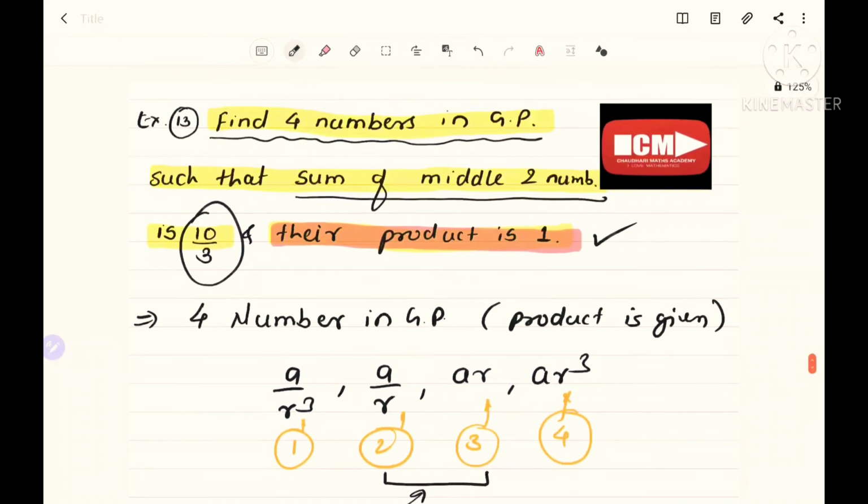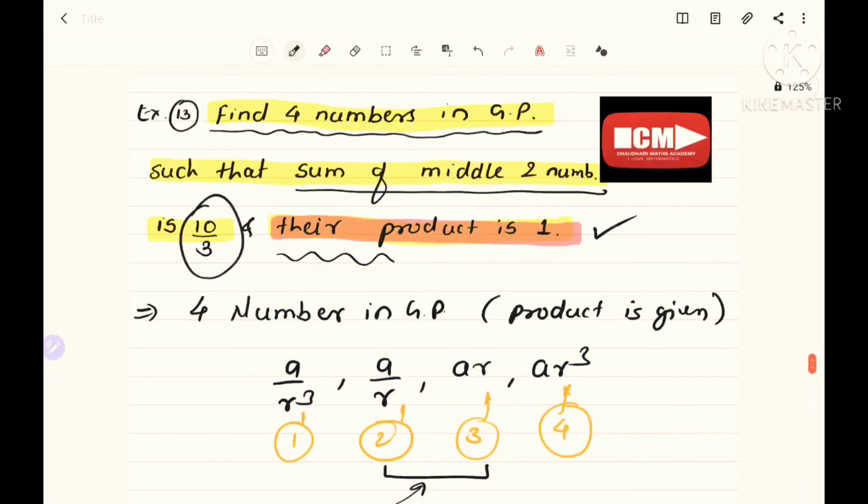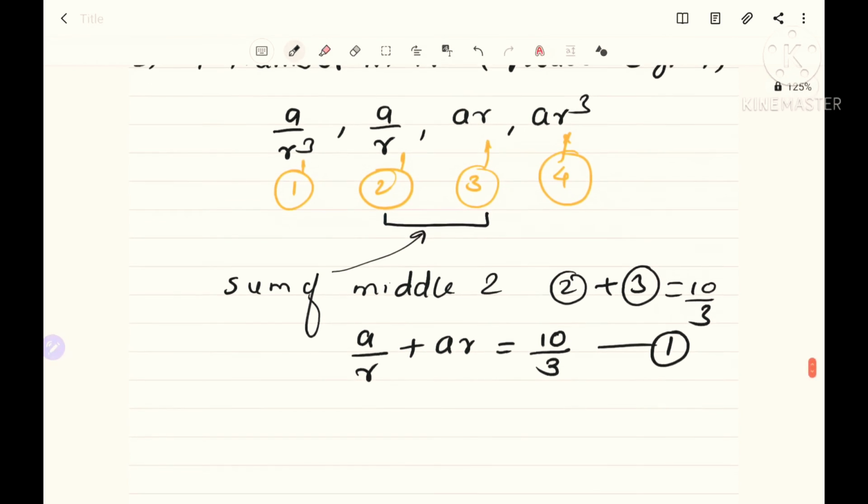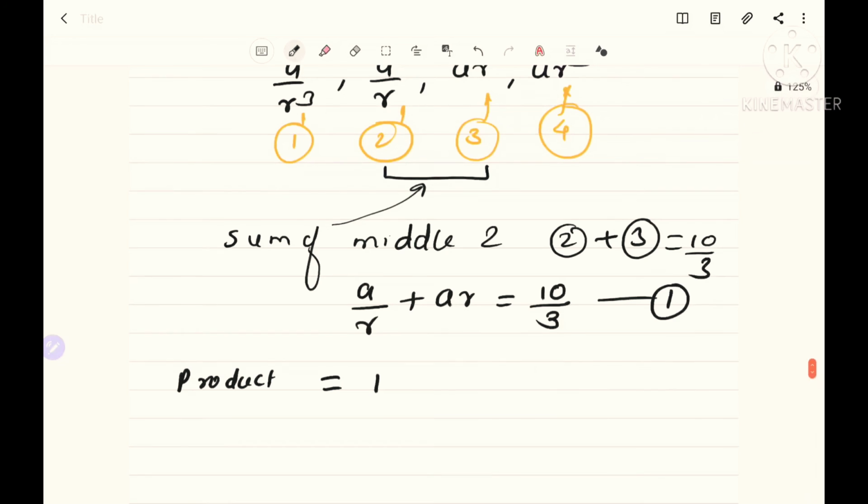What else is given? Their product is 1, meaning the product of all the 4 terms. So the product of all the terms, A by R cube into A by R, then AR and AR cube, is equal to 1.